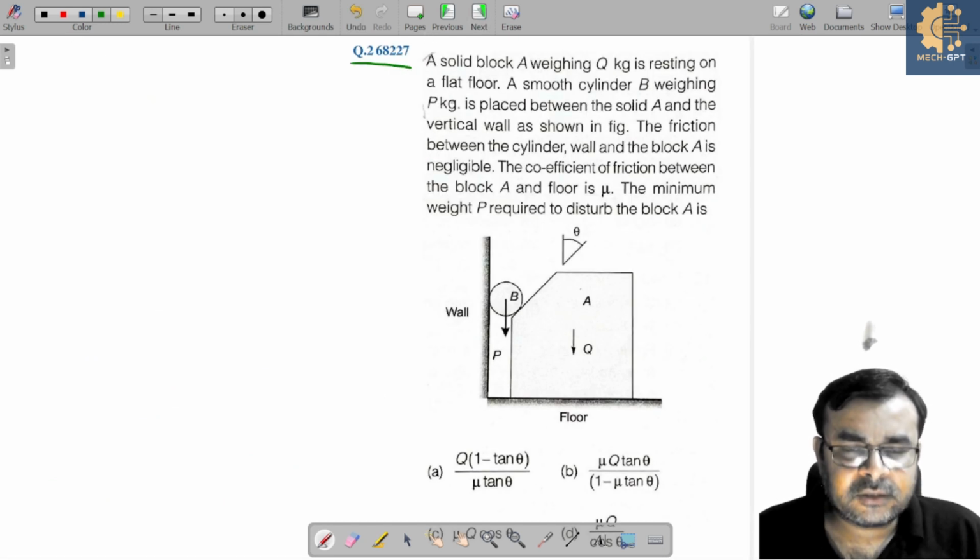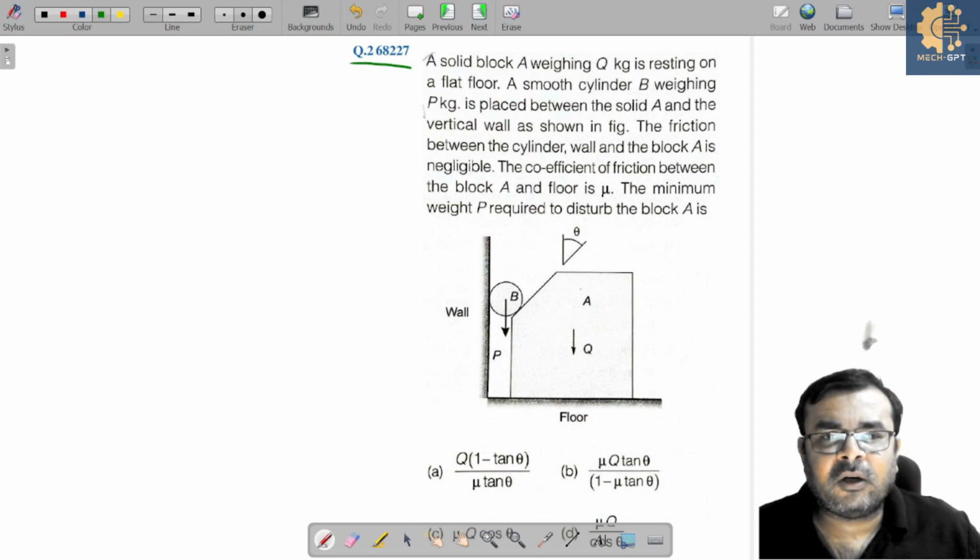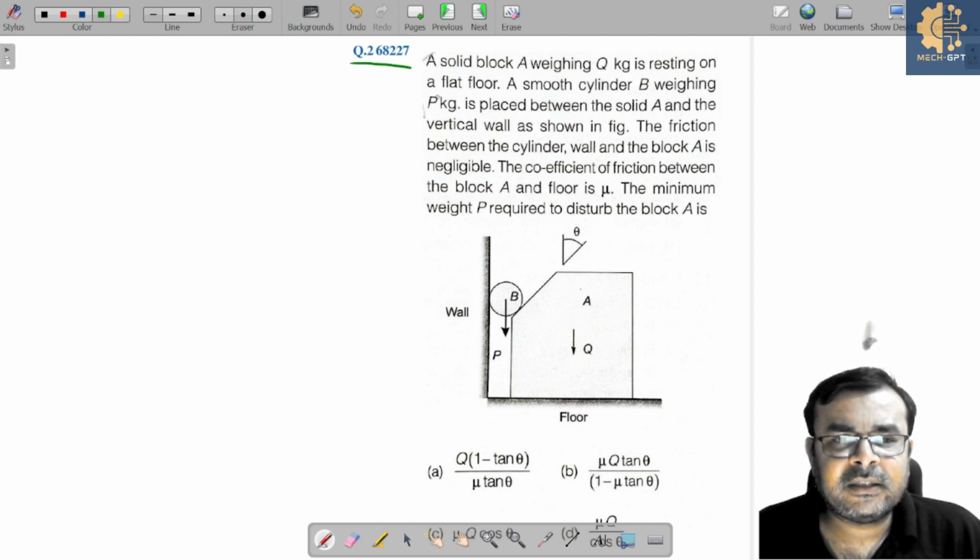In this question we have a solid block of weight Q resting on a flat floor. This is a solid block A, of weight Q kg, resting on the flat floor. A smooth cylinder, which means there is no friction between the cylinder and the wall.